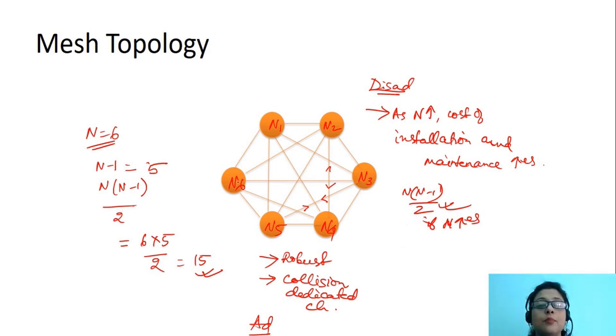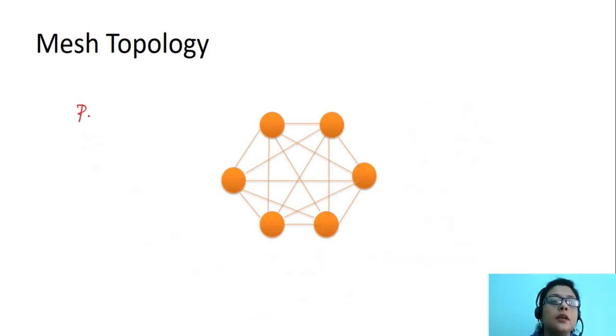Now, this is an example of a fully connected mesh topology. We can also have partially connected mesh topology.